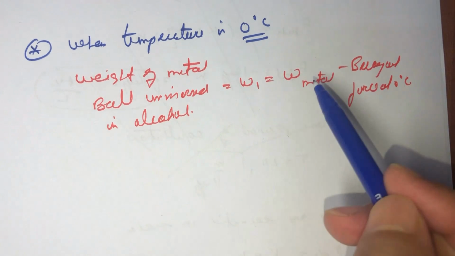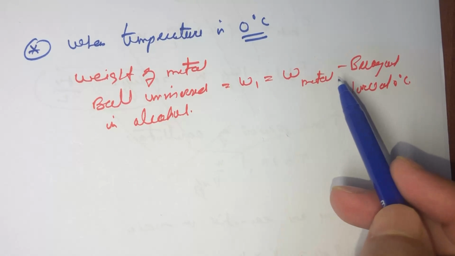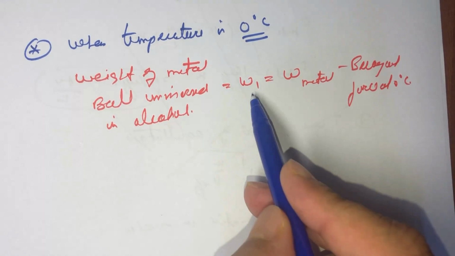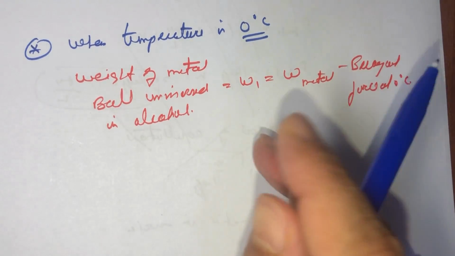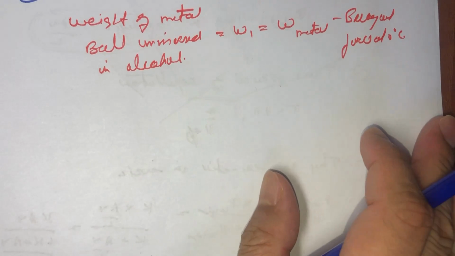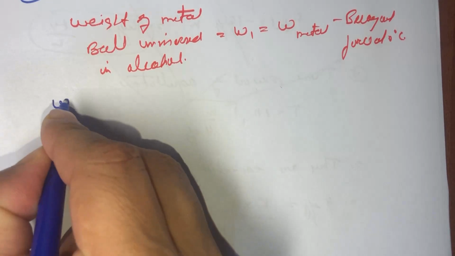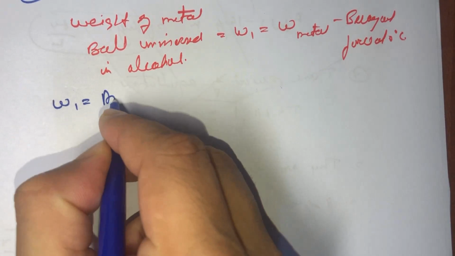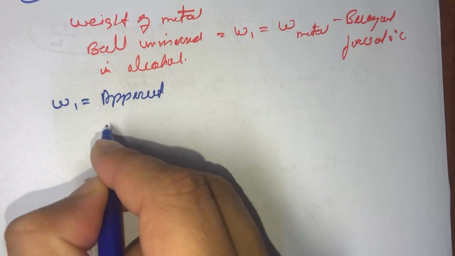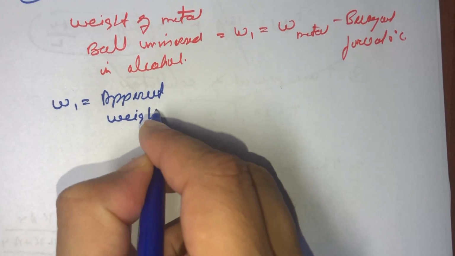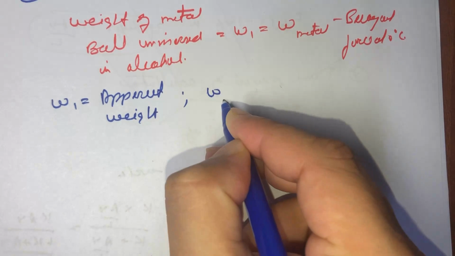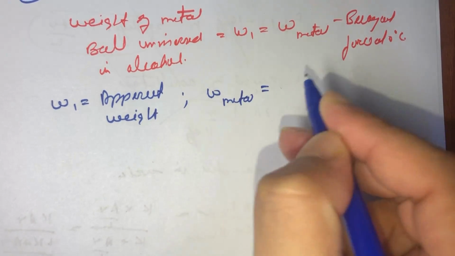Here W metal is our true weight, that is equal to mg, and W1 is our apparent weight.